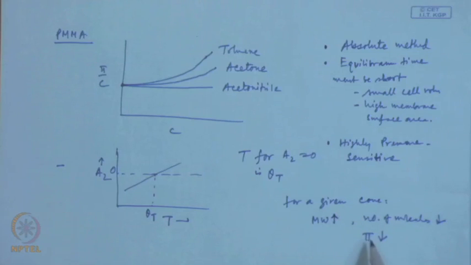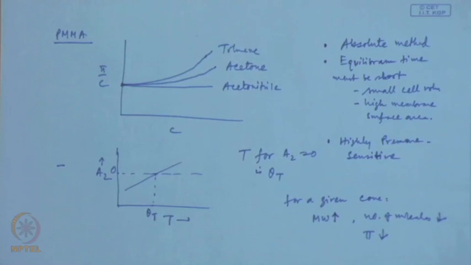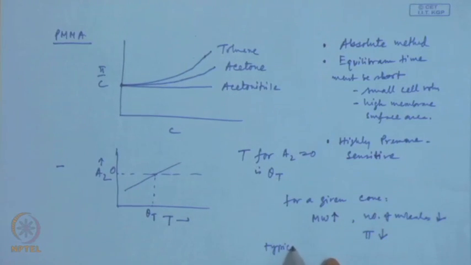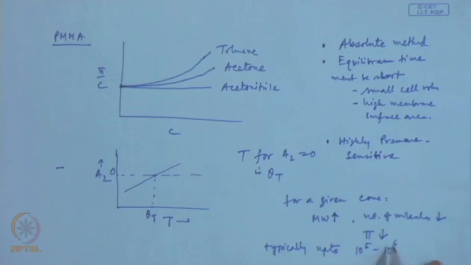So this method is not capable of measuring the number average molecular weight for very high molecular weight. It can determine typically up to 10 to the power 5 to 10 to the power 6 grams per mole.